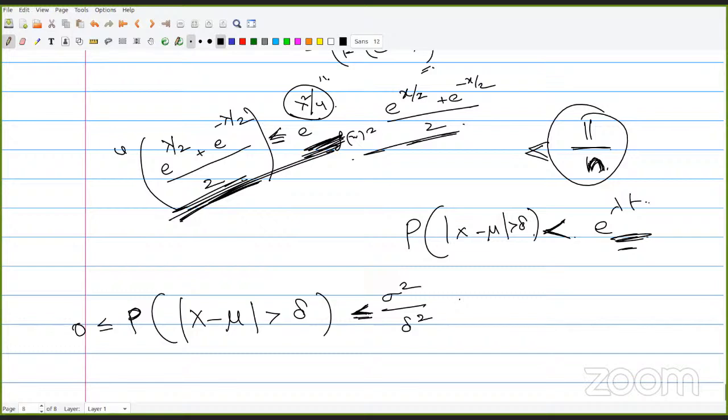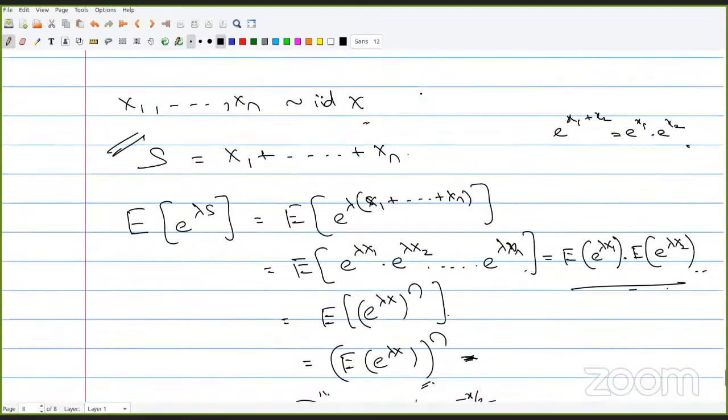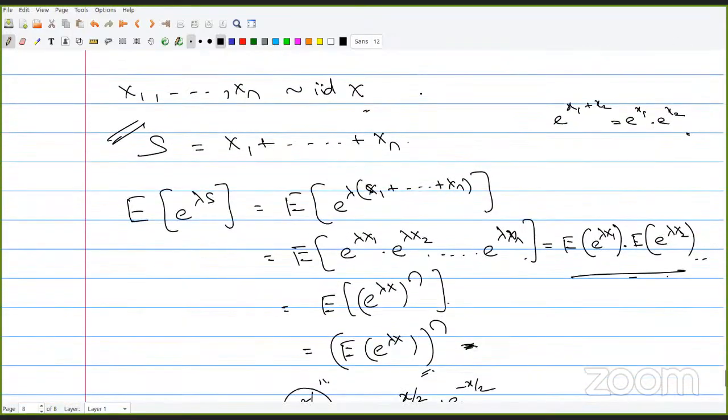Like I said above, the sum of random variables is also a random variable. If I am considering the sum, my moment generating function will become the product of moment generating functions.